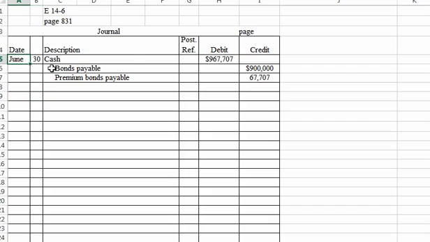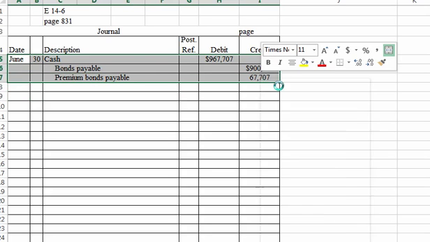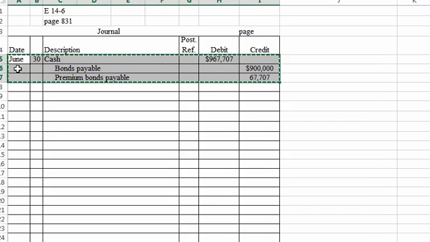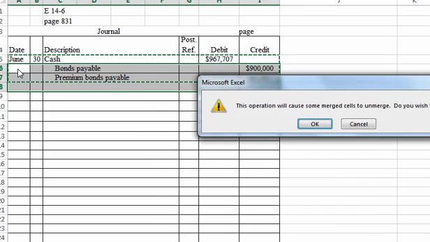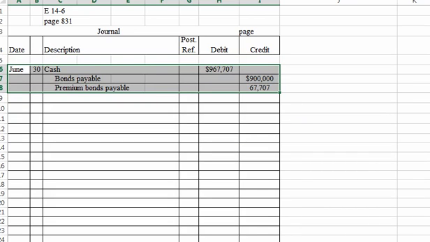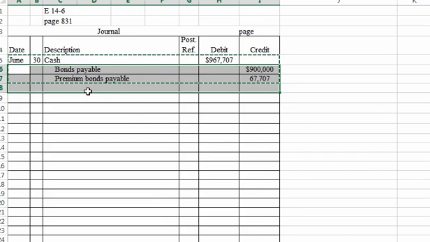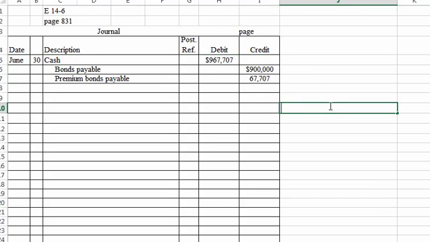You guys, I'm going to move this down. Since we're dealing with two different years, I'd like to enter those. For some reason, hold on.